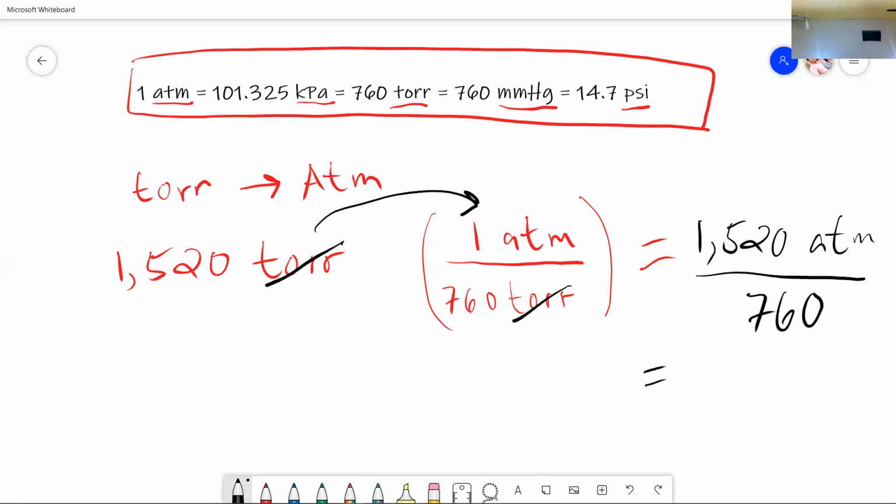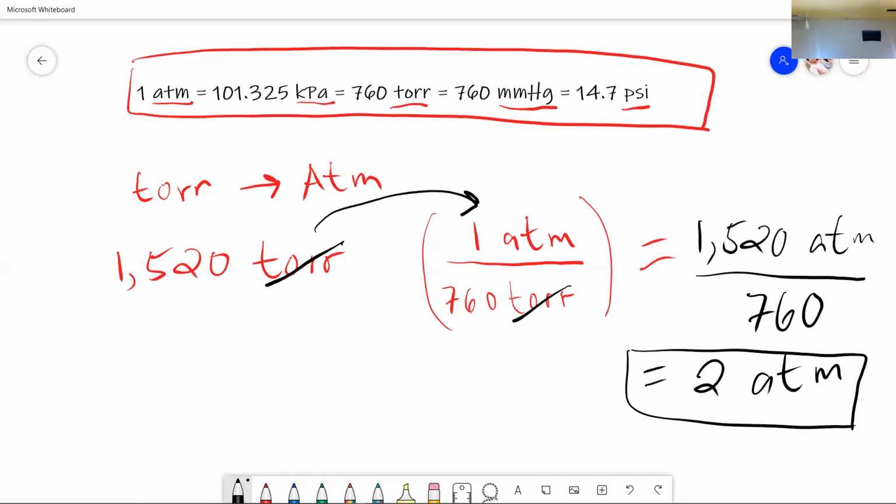The result is 1,520 divided by 760, and that is 2. The unit is ATM. Therefore, 1,520 torr is equal to 2 ATM.